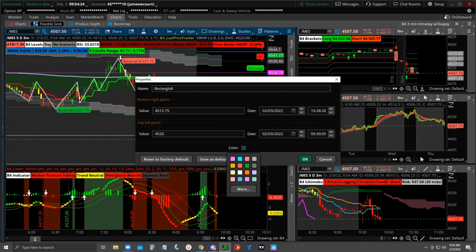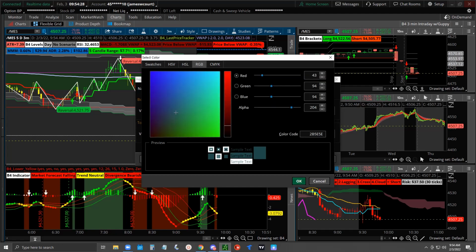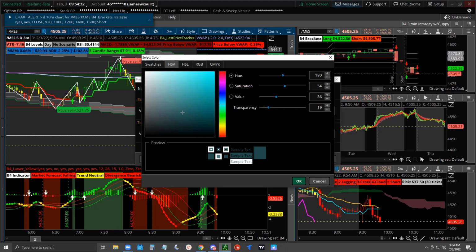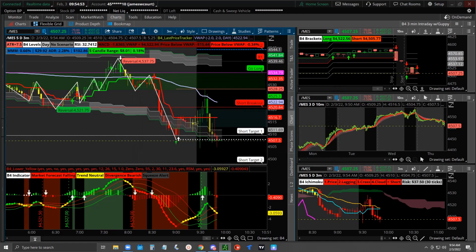We already bounced once. We could dip below it, and we could end up going down to 4,550 or 75 is the target.